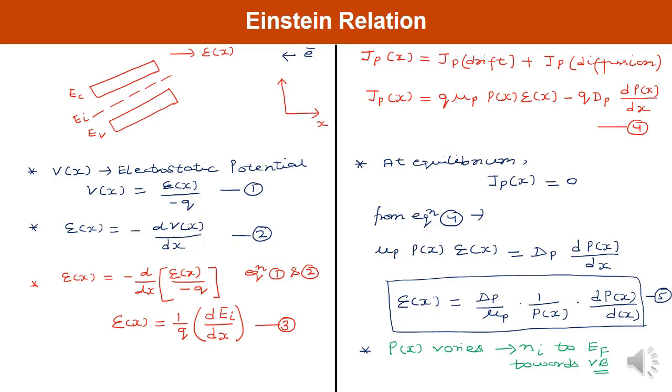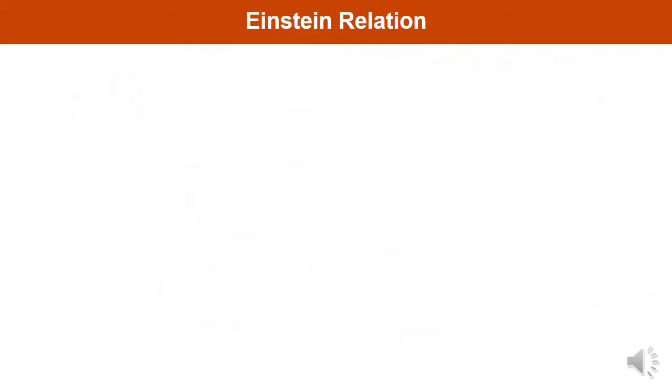So this particular relationship of hole concentration variation can be written as, now write down this particular relation.